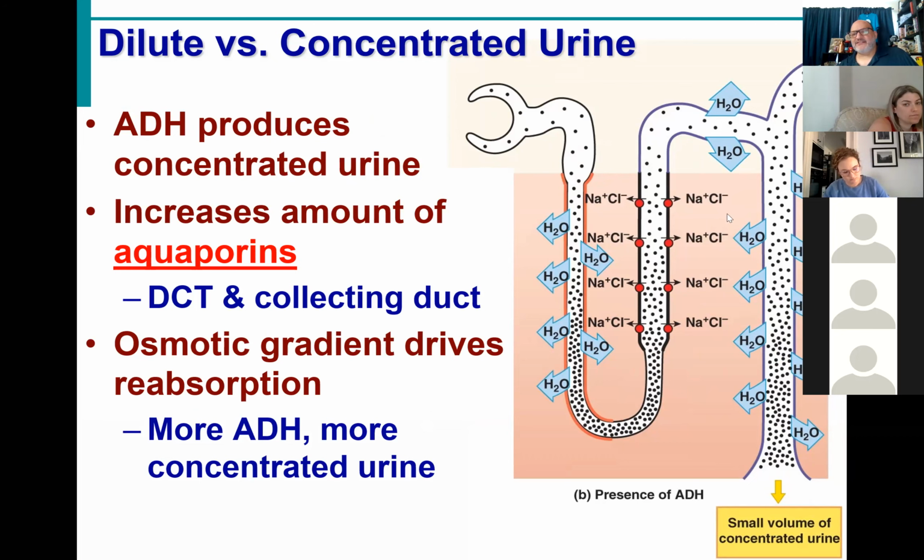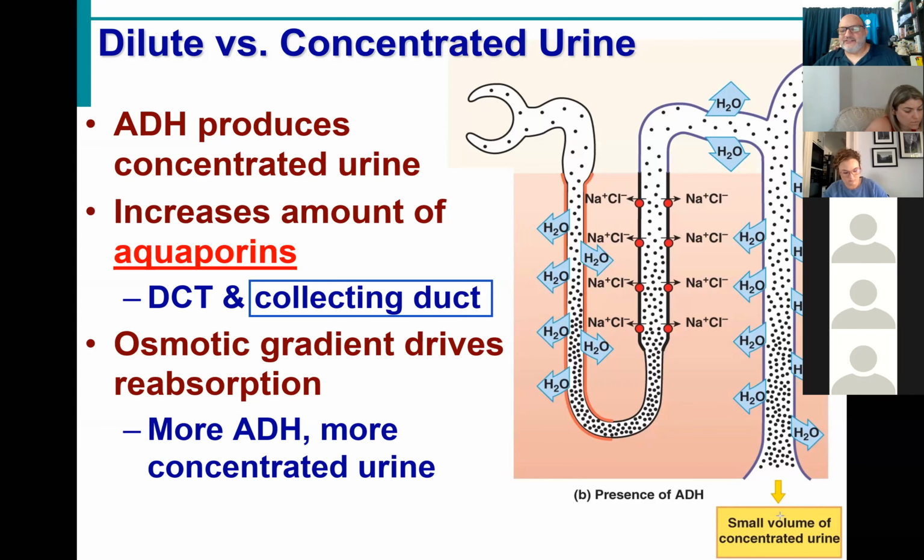And because of that steep concentration gradient in our medullary pyramid, notice our collecting duct actually plays a much bigger role in the concentration of the urine than our distal convoluted tubule does. Again, a perfect example of how we said the collecting duct still can process the filtrate, and that is why it is still filtrate when it is in the collecting duct.